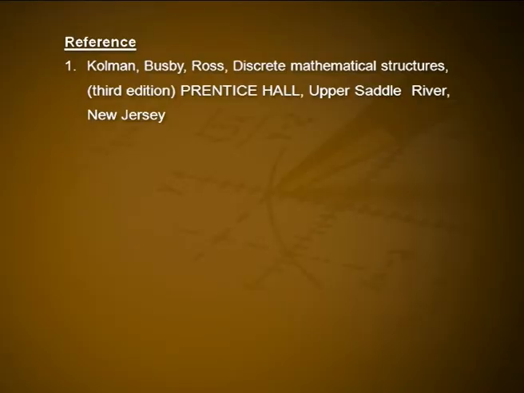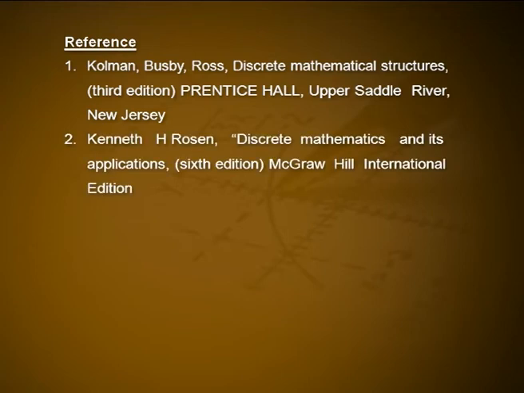Here are some books for further reading. First one, Discrete Mathematical Structures by Coleman, Busby and Ross by Prentice Hall, Upper Saddle River, New Jersey. Second one, Discrete Mathematics and its Applications, 6th edition by Kenneth H. Rosen by McGraw-Hill International Edition.